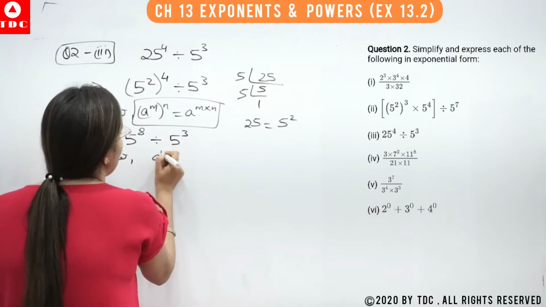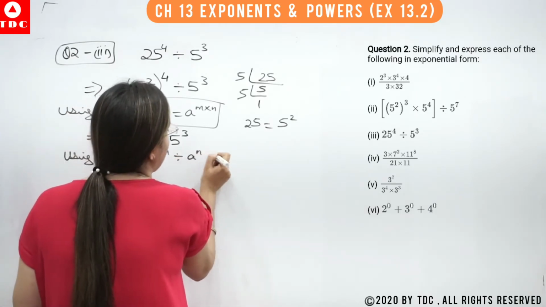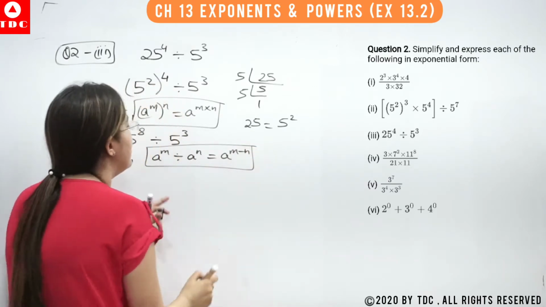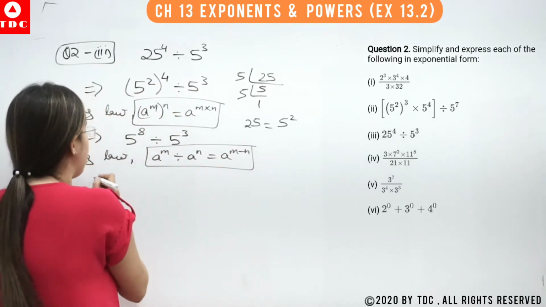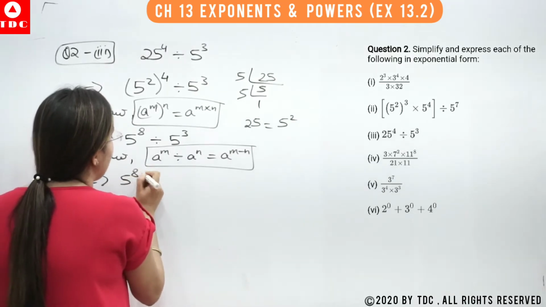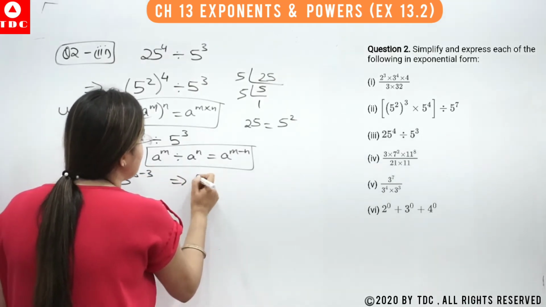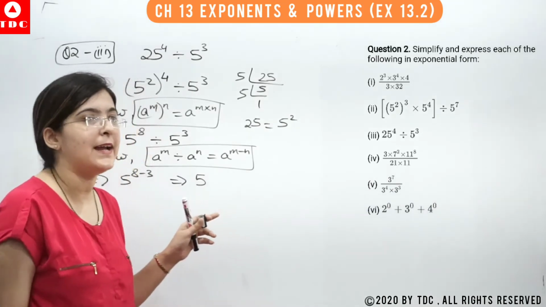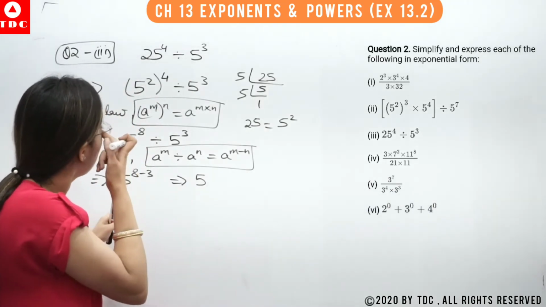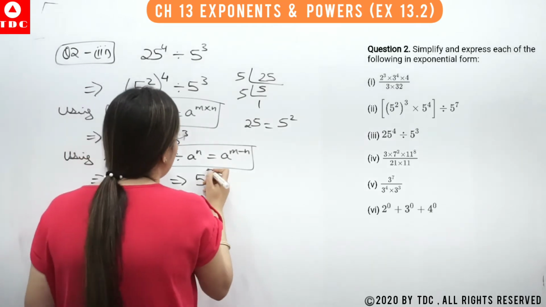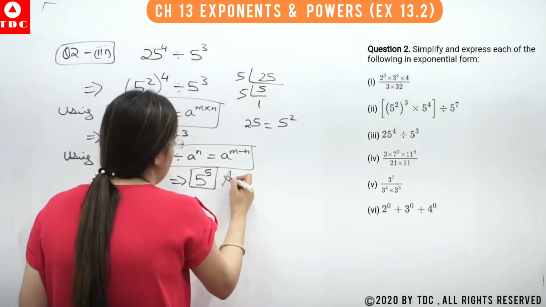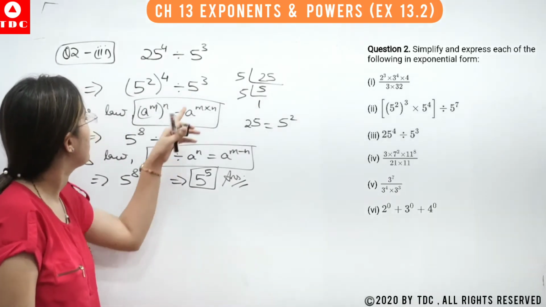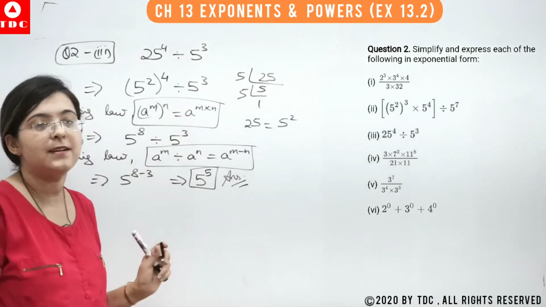The second one: a to the power m divided by a to the power n is a to the power m minus n. That means the powers will be subtracted. What will we get? 5 to the power 8 minus 3, that means we will get 5 to the power 5. This is your final answer. 8 minus 3 is 5.